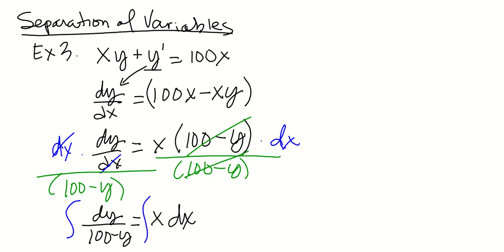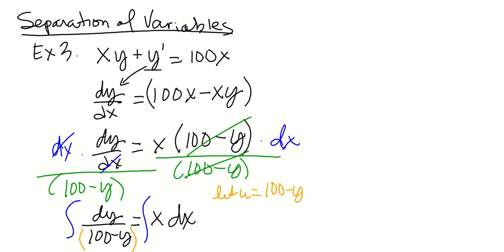Well, I don't have a formula that fits dy over (100 minus y), so we're going to use the idea of substitution. So I'm going to let u equal 100 minus y.